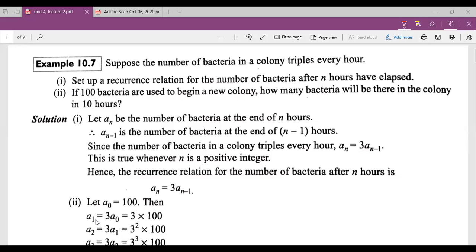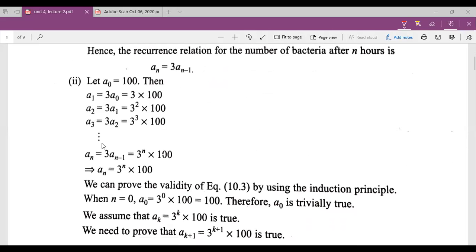Put n = 1: we get 3 times a_0, that is 3 times 100. Then a_2 is 3 times a_1, that is 3 squared times 100. Put n = 3: 3 times a_2, where a_2 is 3 squared times 100, so 3 times 3 squared becomes 3 cubed times 100. And so on, for the nth term, 3 times a_{n-1} is equal to 3 to the power n times 100.